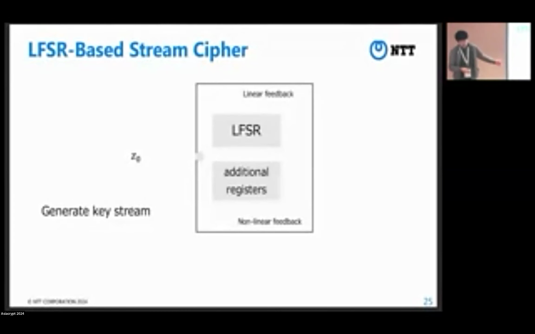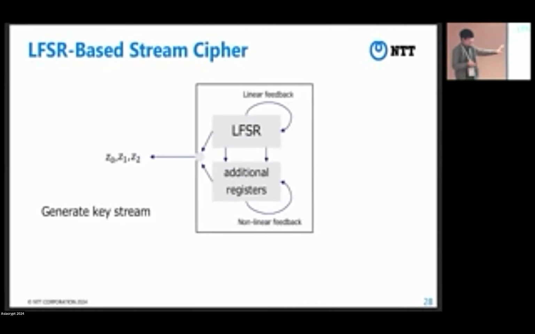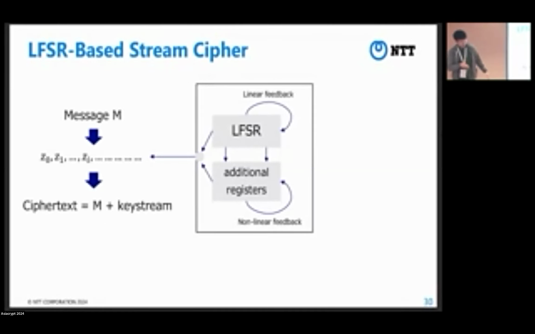And it also outputs another bit Z1 and updates the state again. It iterates such operations many times, like this. And finally, to encrypt the message, it just adds the key stream bit to the message. I mean, the ciphertext is the addition of the message and the key stream. So this is how an LFSR-based stream cipher works.